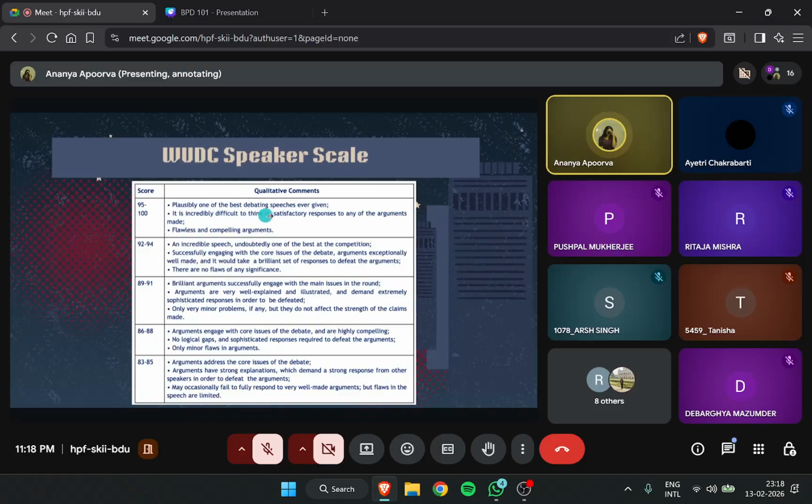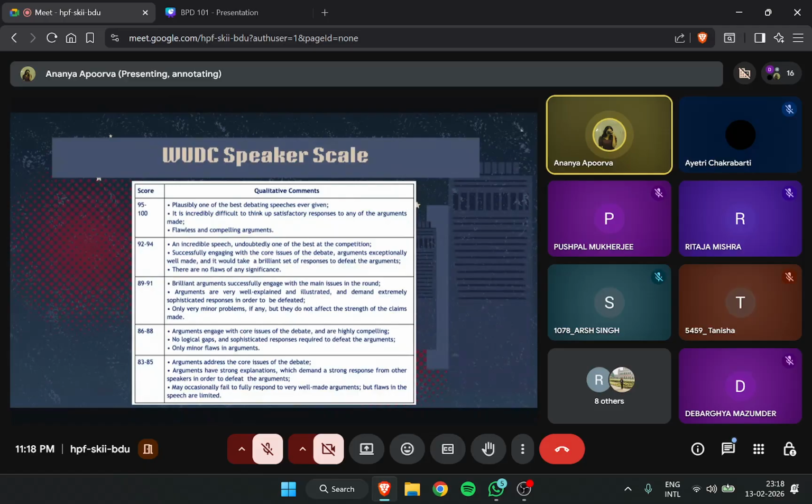95 to 100 is the best speeches ever given. Our typical range in BPDs is like 65 to 85. It is generally higher in BPDs than APDs. However, if you think the speaker deserved more than 85, then go ahead, give it, but be sure that that speaker has actually given a very, very good speech.